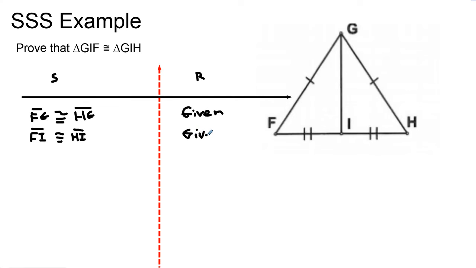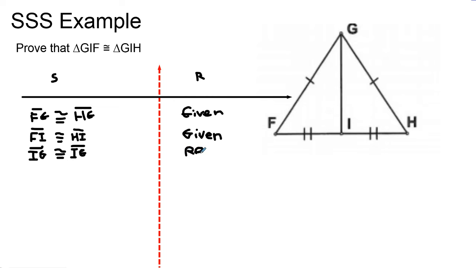So I have marked that two sides are congruent and given reasons for it. The last thing I can say is that side IG is congruent to side IG, and that is the reflexive property.